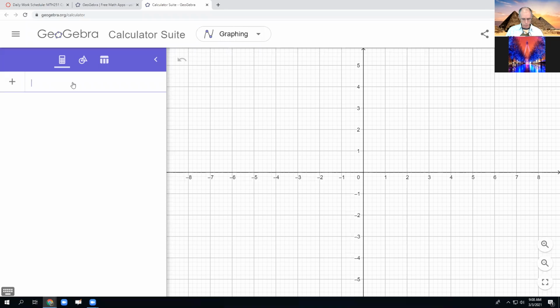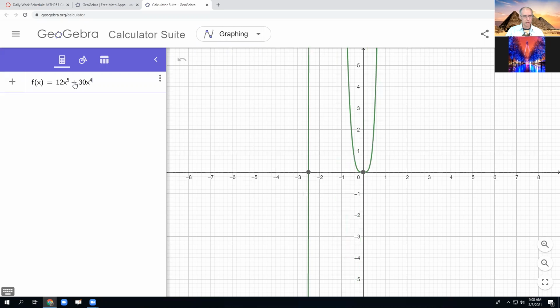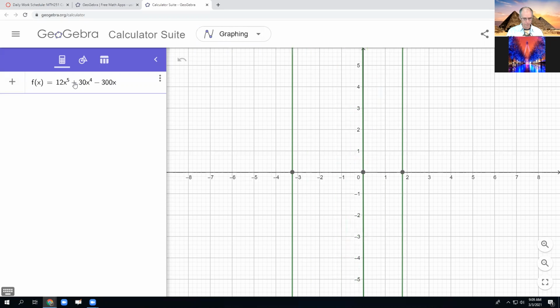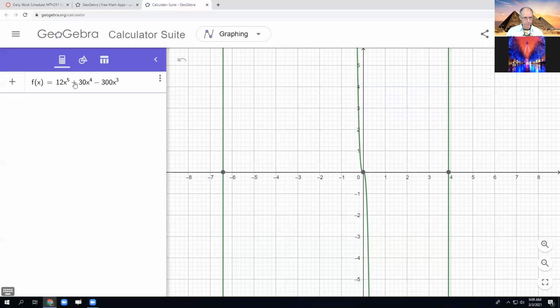All right, so we're taking a look at homework, shapes of graphs. This is number 5, and we have f of x, at least I have, yours will be similar but different: 12x to the 5th power, which looks like a cubic polynomial, but a little steeper, plus 30x to the 4th, minus 300x cubed, plus 4.